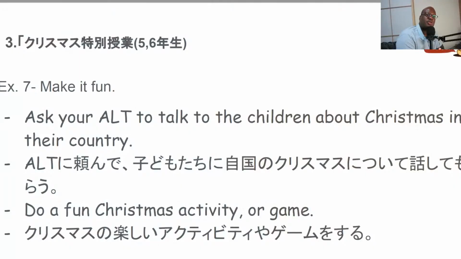Okay, next, you want to do a fun Christmas activity or game. I have made a vocabulary of Christmas words you can use.